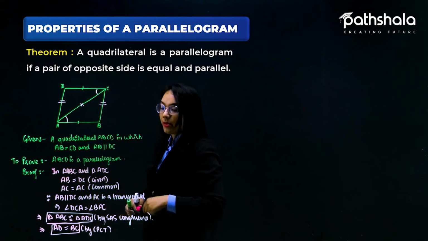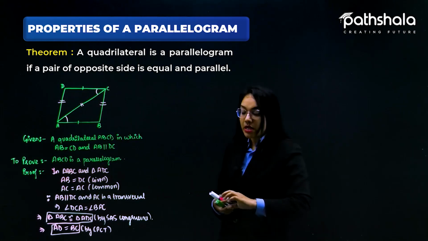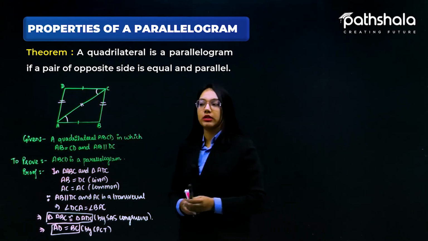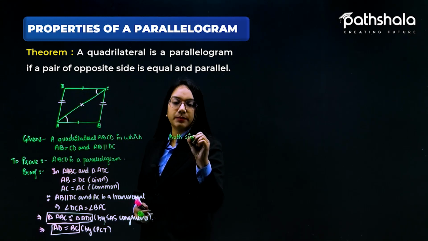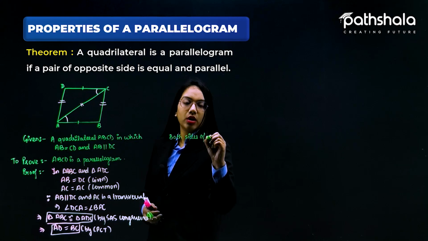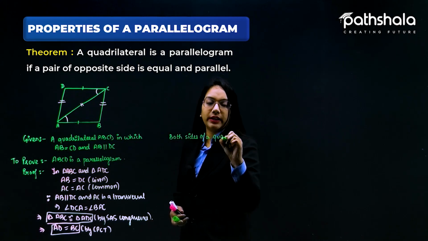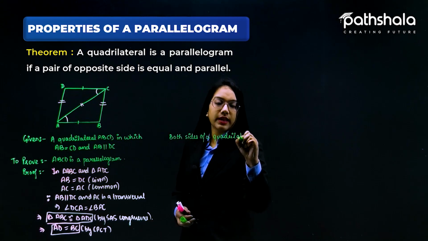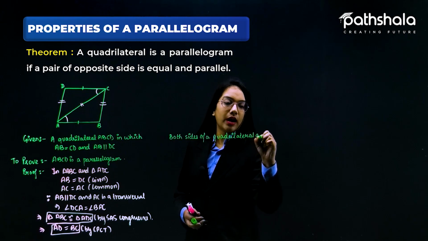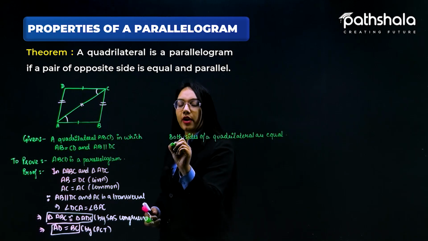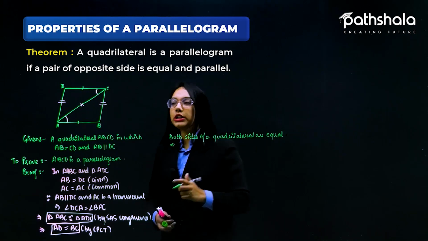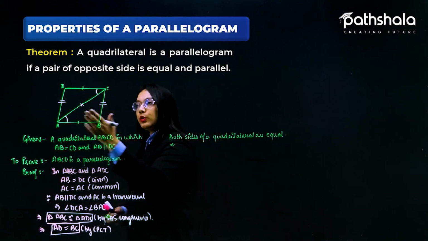It means that both pairs of opposite sides of the quadrilateral are equal, and this is a property of a parallelogram, in which both the sides are equal to each other.